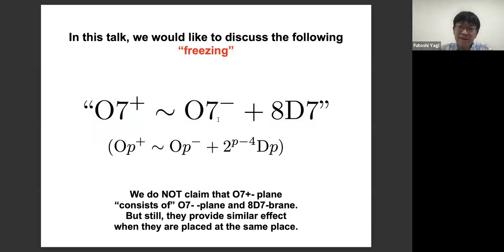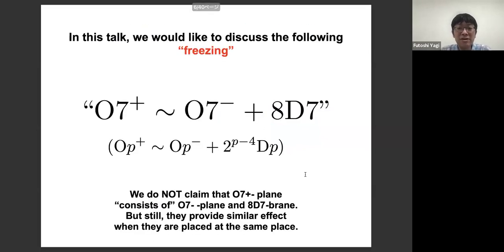In some sense, I try to discuss a kind of equivalence between O7-plus and O7-minus plus 8 D7, but I do not claim that the O7-plus plane consists of O7-minus plus 8 D7, or that we can decompose it into them. I'm not saying such a thing, but still, if we fix the location of the D7 branes, they behave with a similar effect. This is the theme of this talk.